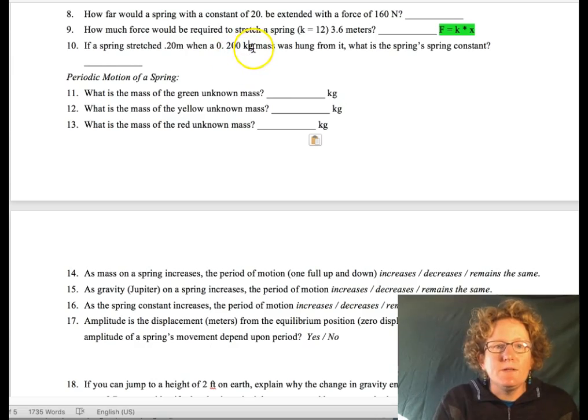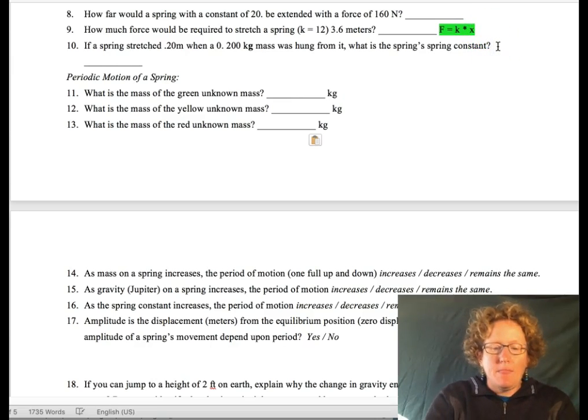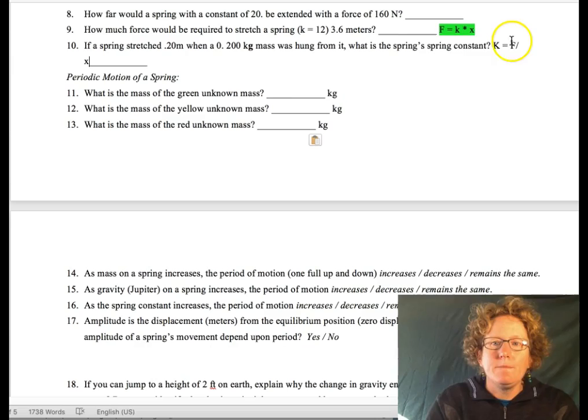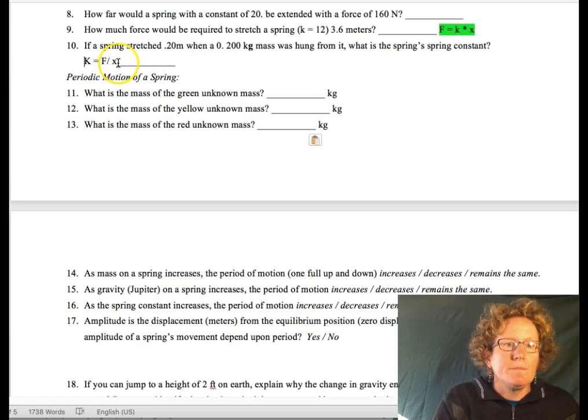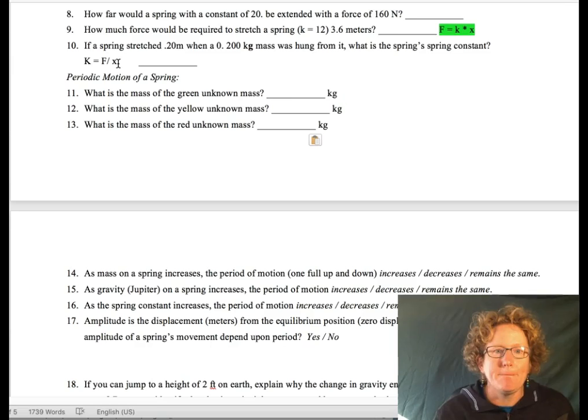And figure out the force. You've got the displacement, so then you can rearrange the formula. K is equal to F divided by x. Press return. So you can use that formula to figure out the answer.